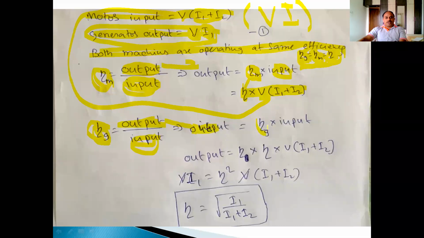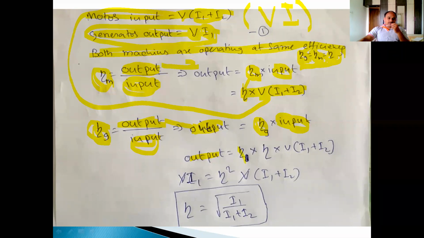The output from the generator equals the input to the motor.